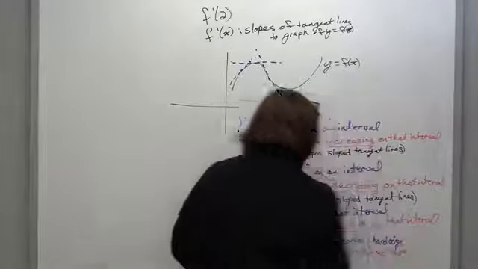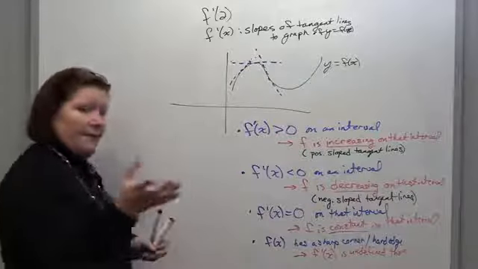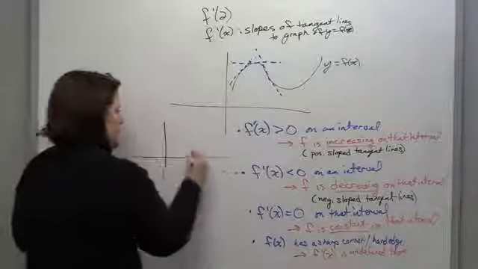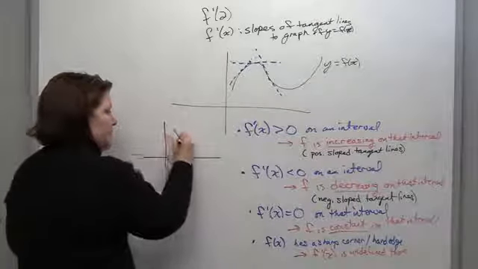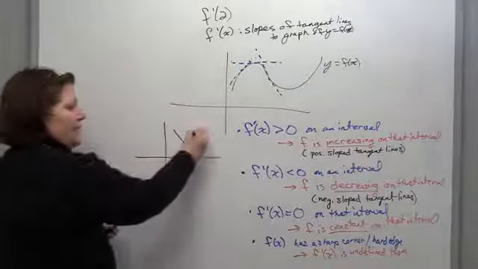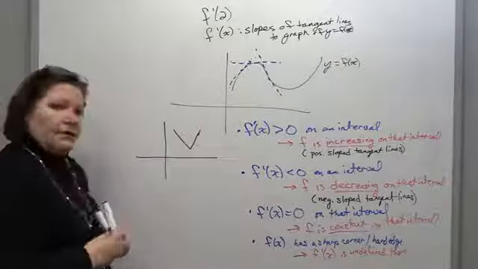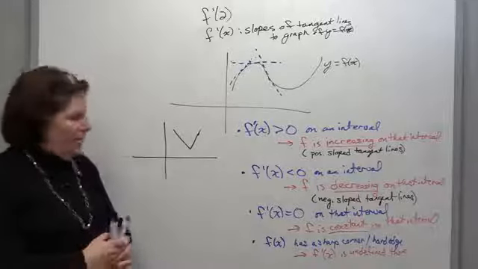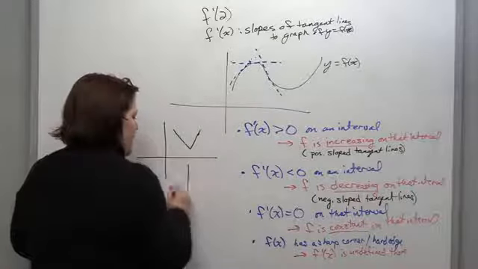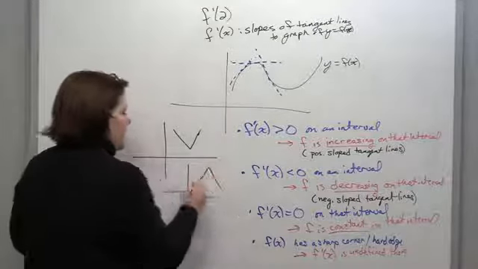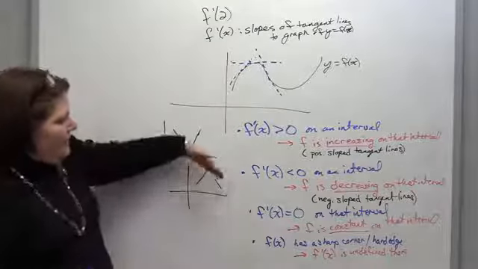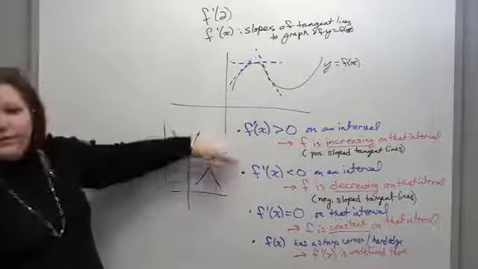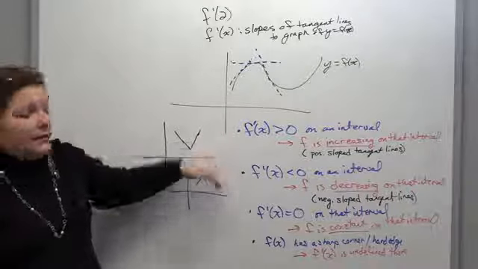Let me draw a picture of what we mean by that. We may already be familiar with some graphs that look like that, for instance, an absolute value graph. We have a sharp corner right at the V. And even if it were upside down like this, what would the tangent line look like there? Tangent lines really don't make sense at that spot.